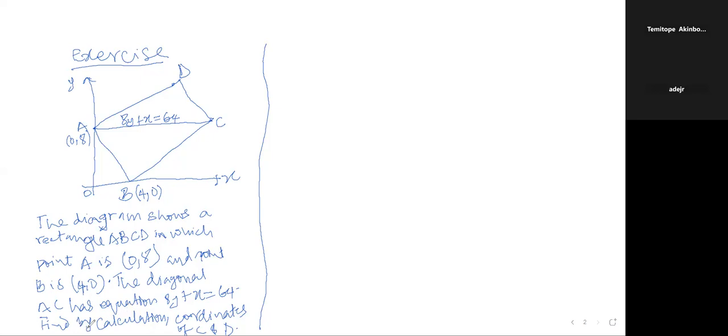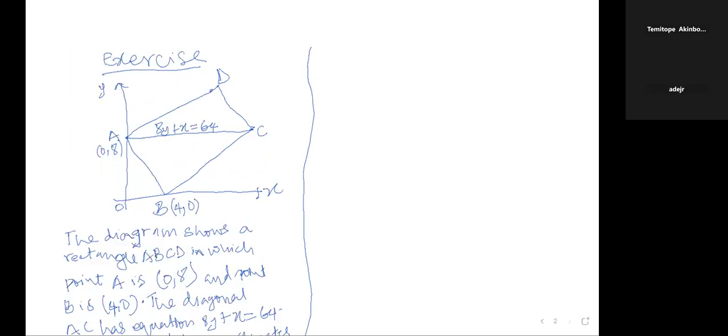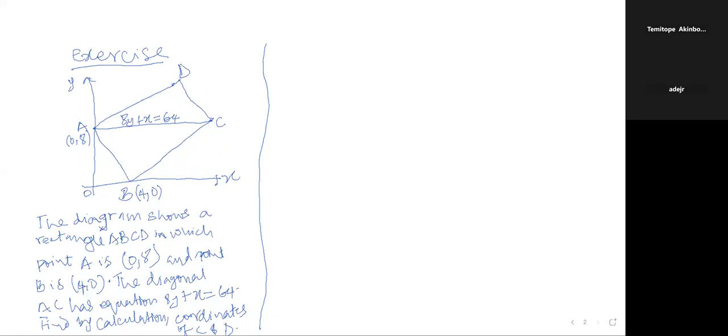Find by calculation coordinates of C and D. Is that clear? C and D, yes. Find by calculation, comma, coordinates of C and D. Does that make sense?